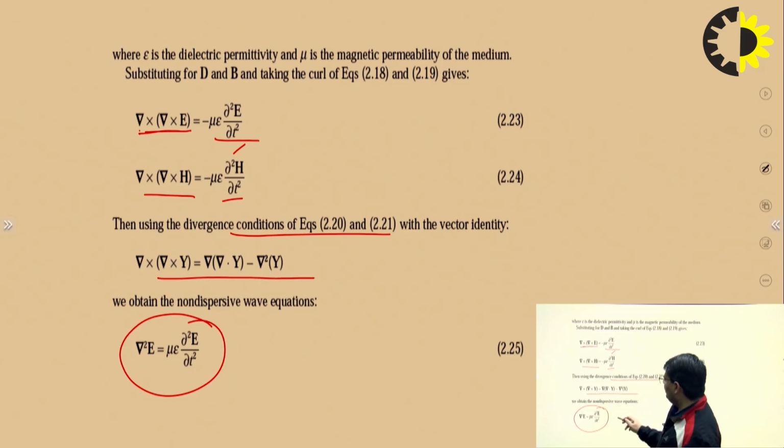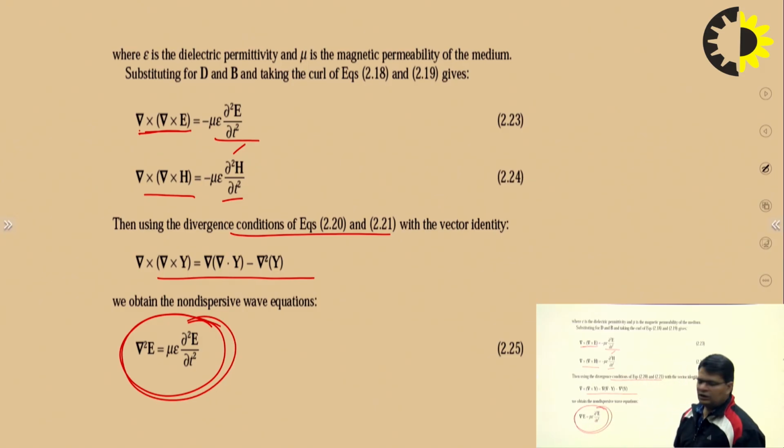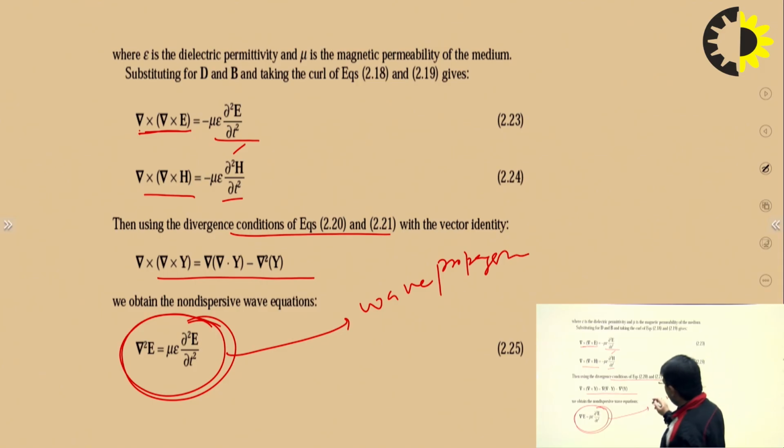So left hand side becomes this one. So this is the wave propagation equation for the electric field component. This is the wave propagation equation in terms of electric field component.